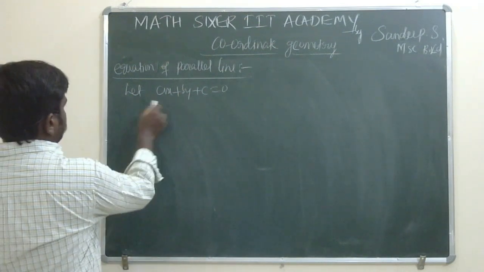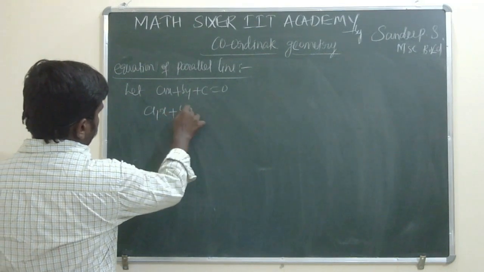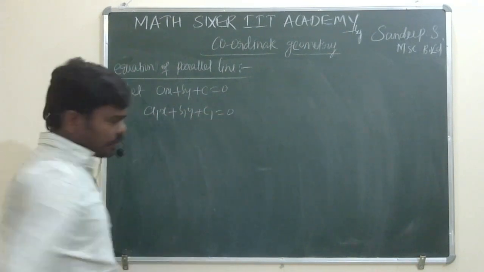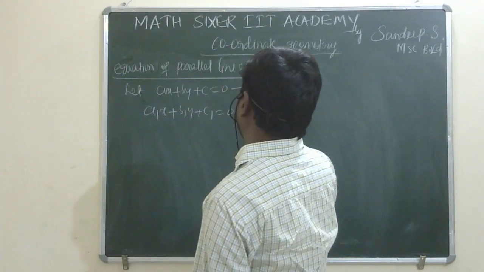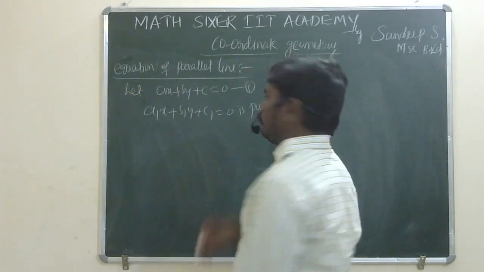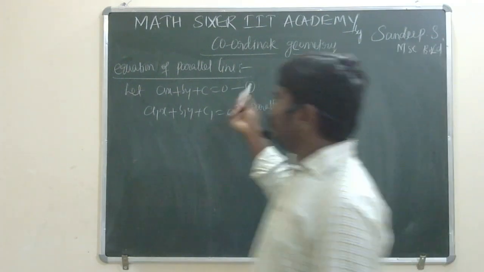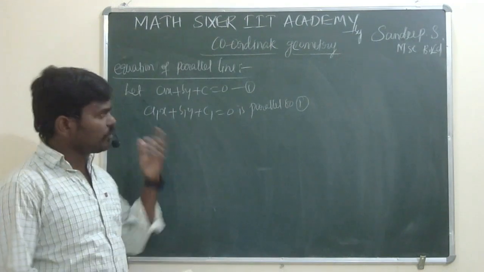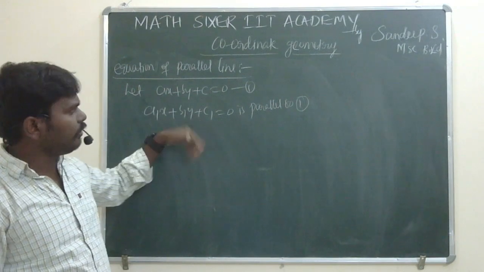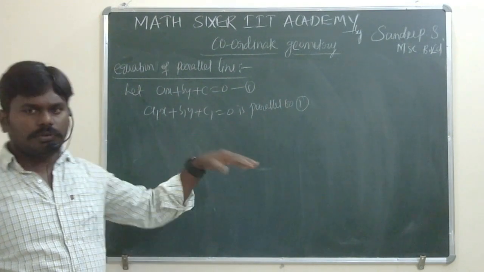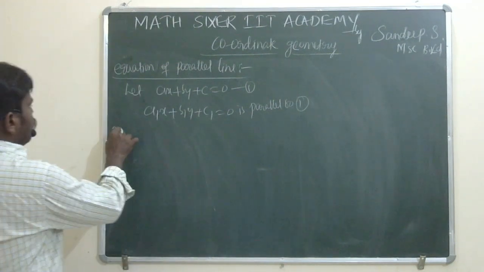Let a1x plus b1y plus, suppose, c1 is equal to 0 be parallel to equation number 1. Then how can we derive the equation of a straight line which is parallel to equation number 1? So we are supposing that this is the straight line which is parallel to equation number 1. Next we will derive this and we will get the answer. Here we will see the proof.